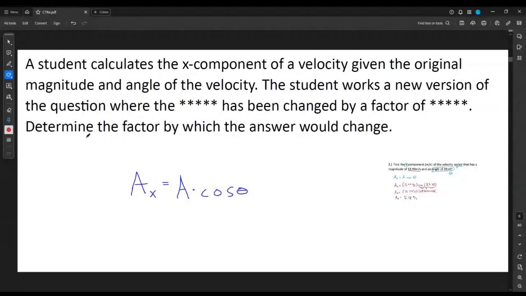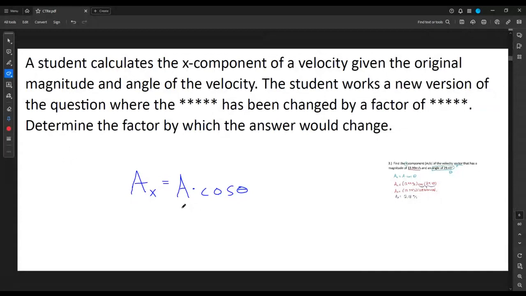And then we think about some of the things that could change with this. If the original magnitude of the vector changed, then let's say that we had a vector a and then we modified the number to be half of a, and we want to see how it's going to change the answer between the two examples. Well, think about where this is in the formula.